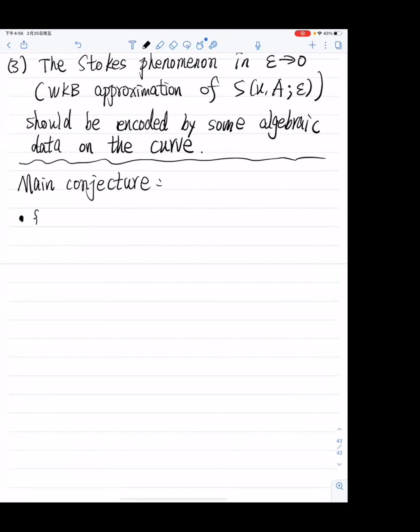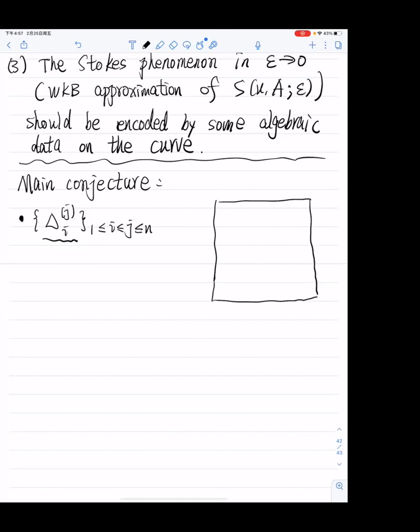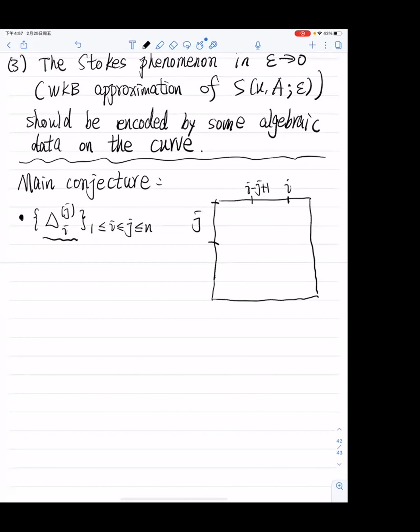The first thing is that I should introduce some coordinates on the space of Stokes matrices, on the space of upper triangular matrices. This simply takes a minor of a J by J matrix formed by intersecting the columns. If I have an n by n matrix like the Stokes matrix, I take the first J rows and I take the columns between I minus J plus 1 and I.